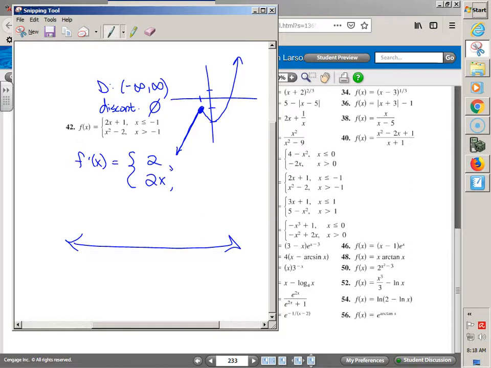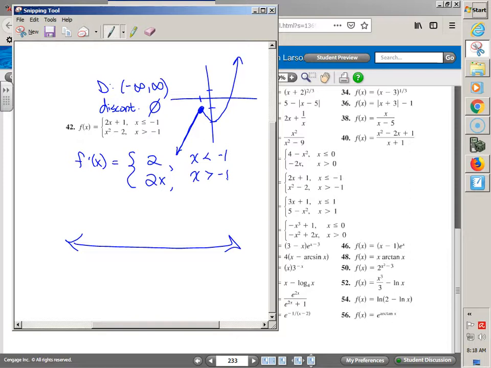So this guy's totally good for everything less than -1. This guy's totally good for everything greater than -1. But in order for a derivative to exist at -1, both sides must agree. The derivative, which is a limit, both sides must agree. So plug in. We already plugged in here and figured out they agree. No discontinuities. But plug in here.